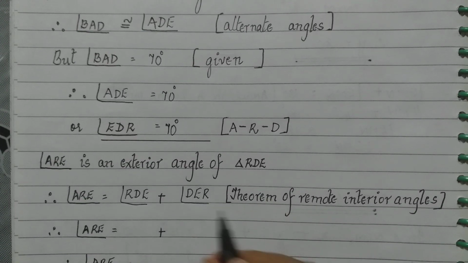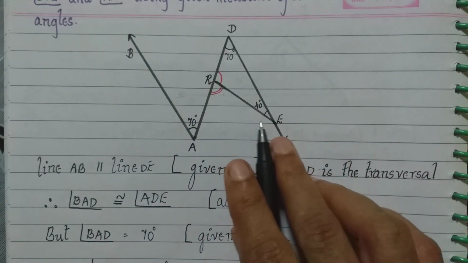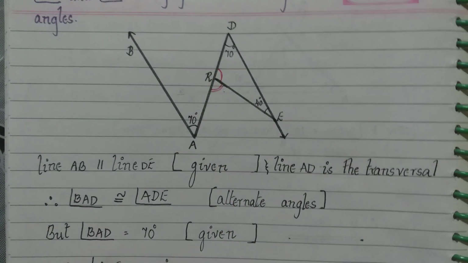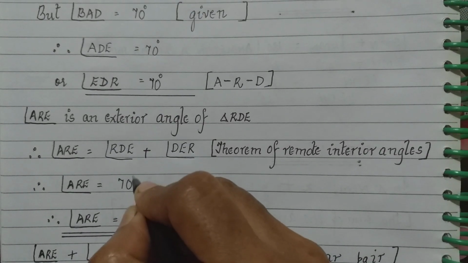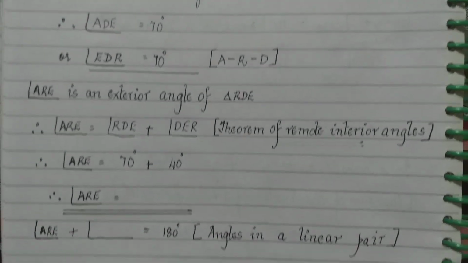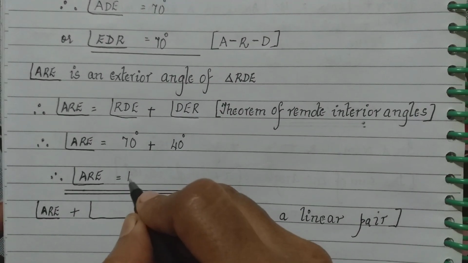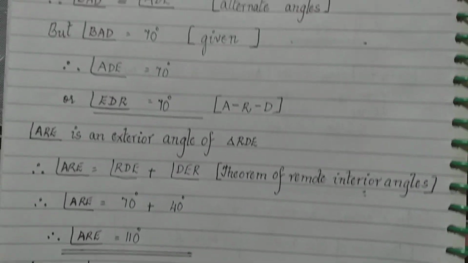Now we have to write the measures of each of these. What is angle RDE? 70 degrees. What is angle DER? 40 degrees. So I put the measures here. 70 degrees plus 40 degrees. 70 degrees plus 40 degrees is 110 degrees. So we have got the measure of angle ARE.